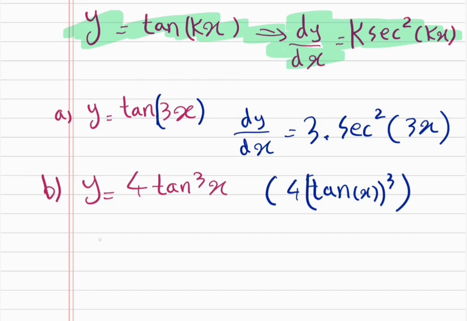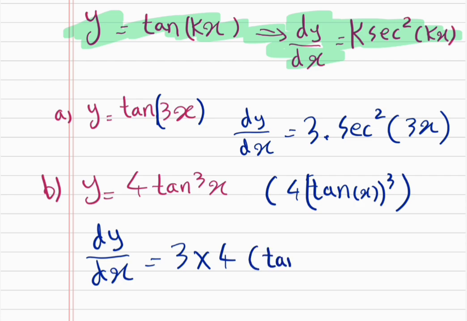So in this case, dy dx is equal to, so we use basically from chain rule, always the power comes down and we multiply that by the coefficient that is already there. So this is like the first step. And also, as a part of chain rule, the bracket stays the same as it is, but we reduce the value of the power by 1. In this case, 3 minus 1 is 2, and we differentiate the bracket itself, and that comes out. So tan x differentiates to sec squared x.